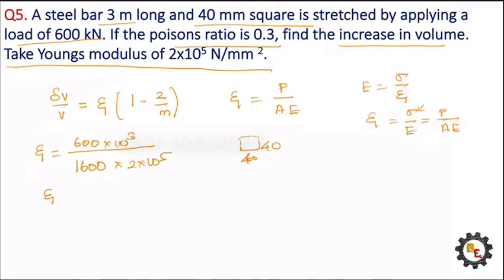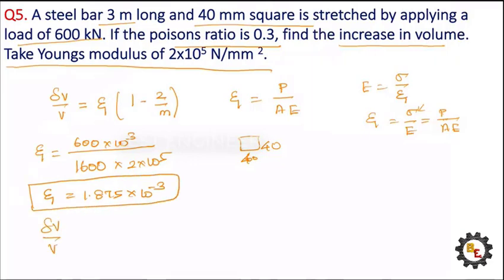Now we can find the strain, 1.875 into 10 power minus 3, no unit. Then change in volume divided by original volume is equal to strain value 1.875 into 10 power minus 3 into 1 minus 2 into 0.3. Poisson ratio 1 by m equals Poisson ratio.